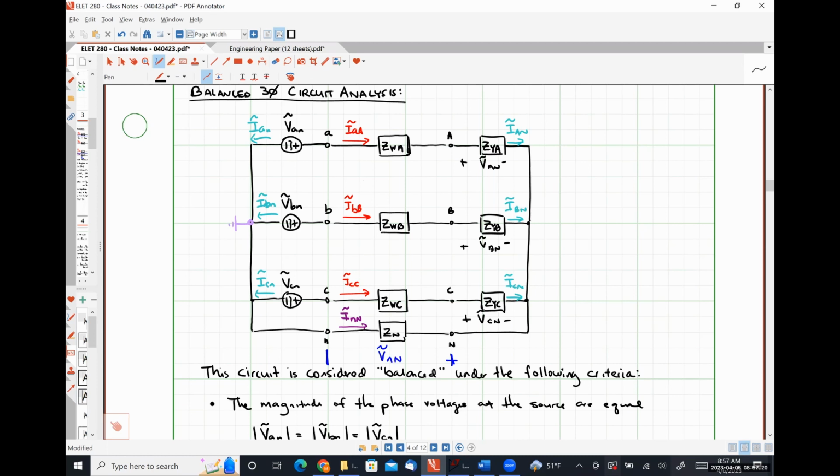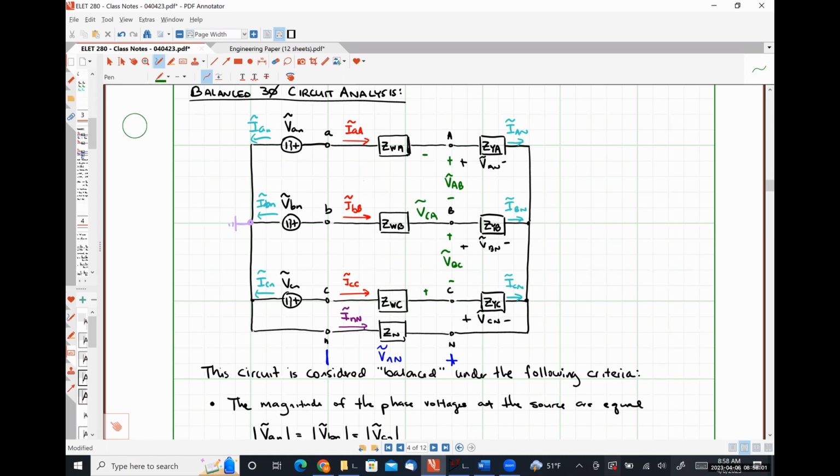If those impedances are identical, and we know that all of our currents have equal magnitudes but are shifted from each other by 120 degrees, all of those voltages should have equal magnitudes but should be shifted from each other by 120 degrees. Same thing for our line voltages on both the source side and the load side.